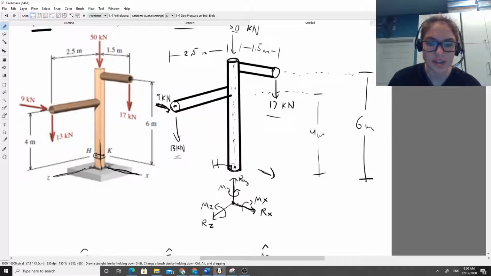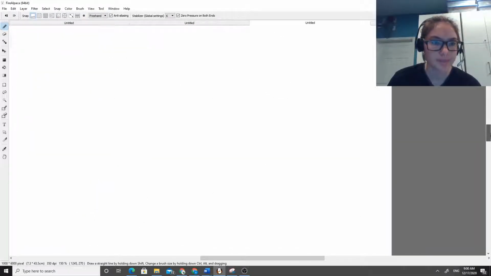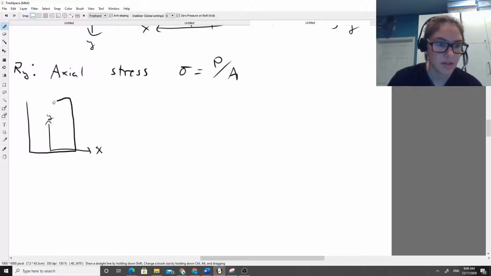Let's go ahead and look at it from the YX direction, same as we did for our transverse shear. And we'll say, okay, this is the Y, this is the X. This is our pipe.